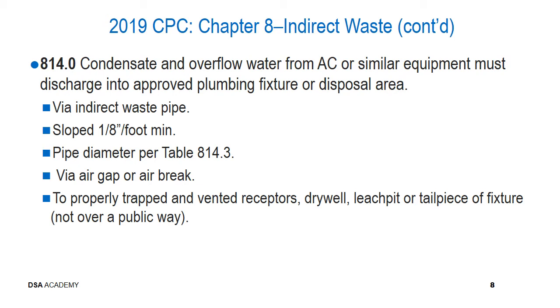However, that practice has been abandoned for many code cycles, and we're not going to see those. This particular section of code identifies the more strict requirements for the discharge of these types of equipment.